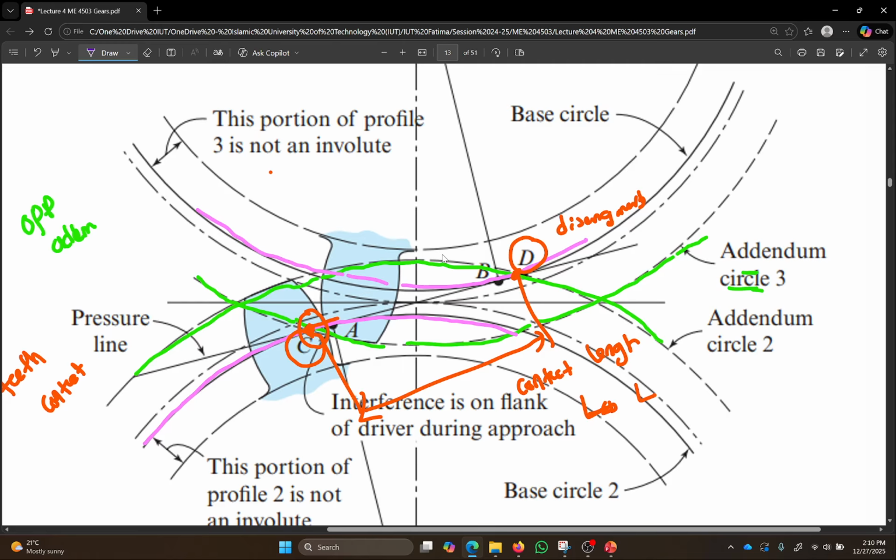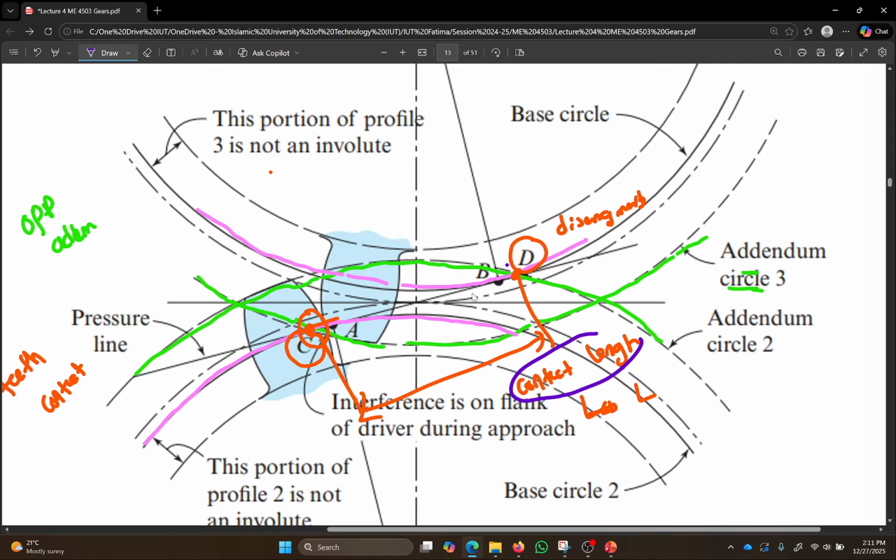Similarly, when the addendum circle of the opposite gear meets the base circle of this gear, that's when the disengagement happens. This whole length is called the contact, and this distance usually has a limitation. If you don't maintain this limitation, that's when interference happens. So what happens in interference?